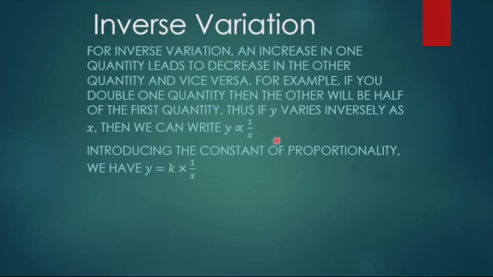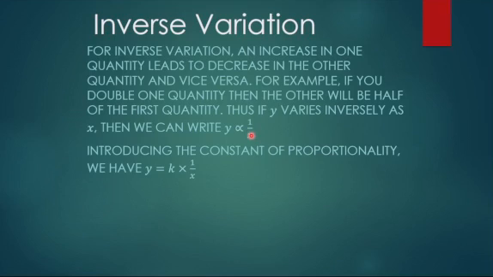Remember, in the other video where we talked about direct variation, we mentioned the constant of proportionality. It will always come around because we need it to proceed in solving variation questions. Because a variation statement is not an equation, you can't go ahead and solve it. You need to convert it to an equation.